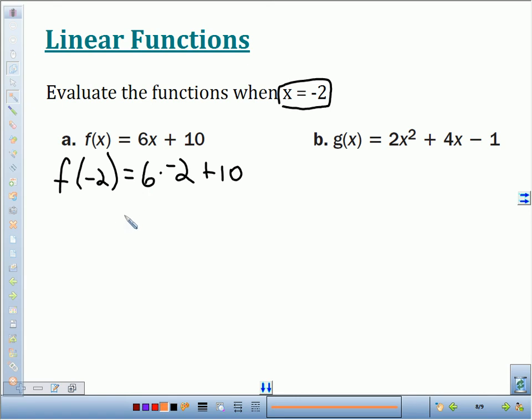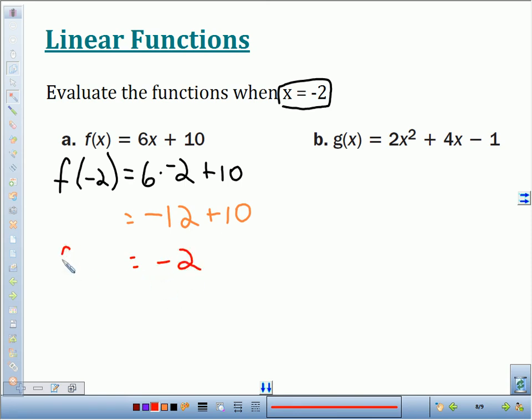Now from here, I'm following the order of operations. The order of operations says that the first thing we would have to do in this case is multiply. 6 times negative 2 is negative 12. We haven't done anything with the plus 10 yet. Negative 12 plus 10 is negative 2.